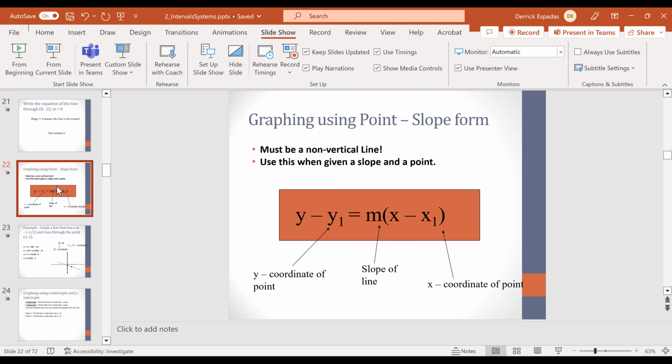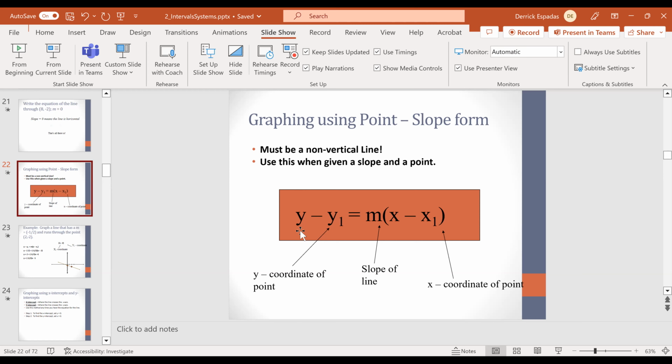Now, what makes this a bit different when we're plugging things in is that we have a y minus y1. So what does that mean? What it means is that we're going to plug things into the y1 and the x1. That's our point.